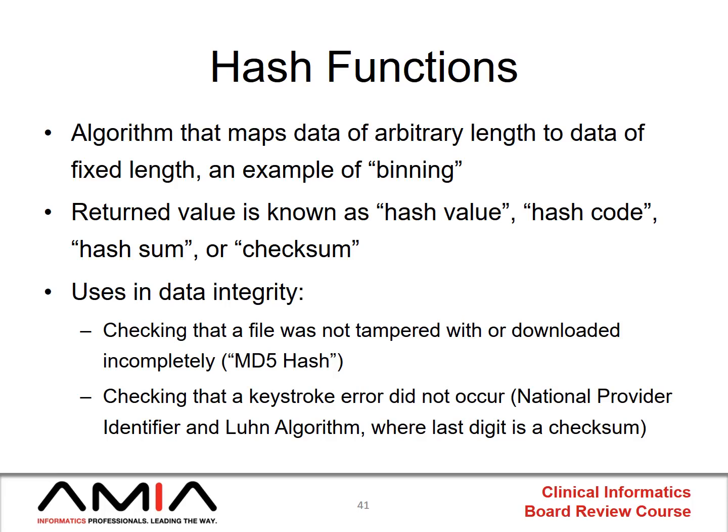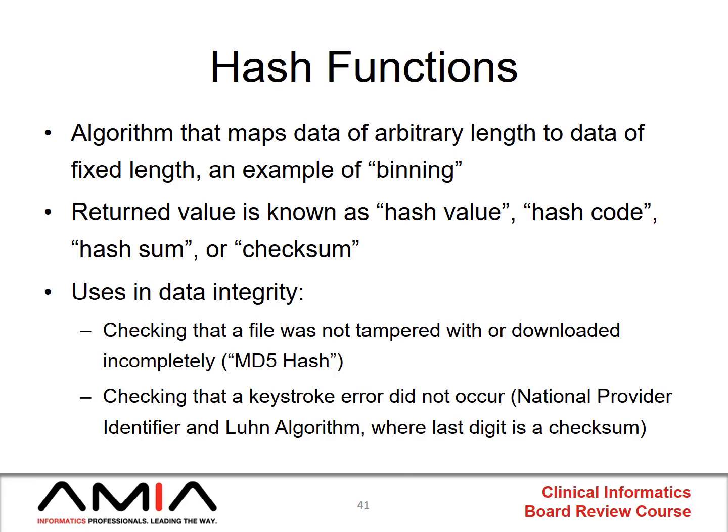Another checksum or hash function that many of you are probably familiar with, or have used without even knowing it, is at the end of the National Provider Identifier, your NPI number. The last digit in the NPI number is actually calculated from the previous digits using something called the Luhn algorithm, L-U-H-N.